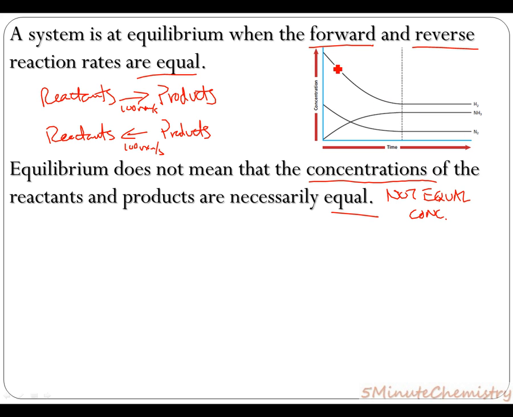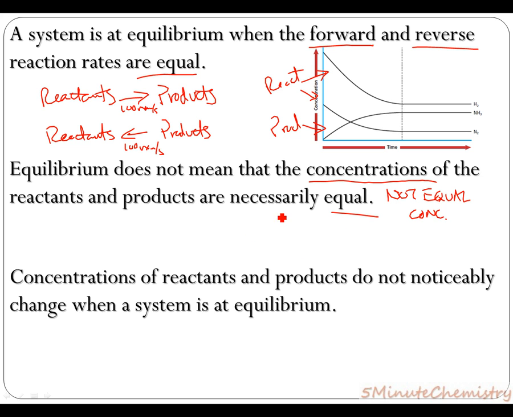I have a decrease and a decrease, so these two must be my reactants. And then this is an increase, so this must be a product. But you notice that you hit this point where they stop changing their concentrations, and they're going to have a steady concentration, which means that the rate going up and the rate going down are even. They're the same.